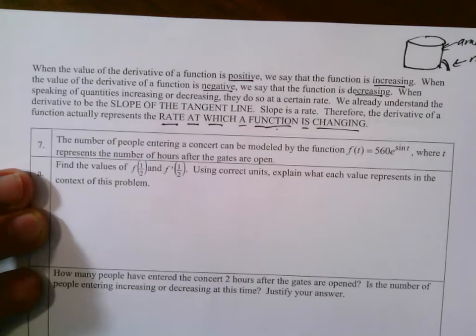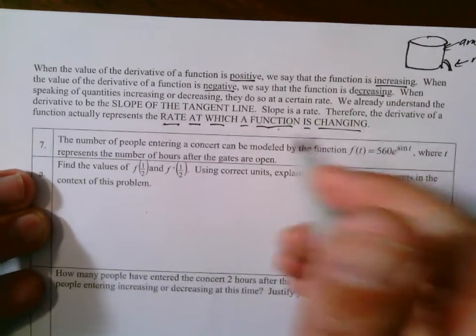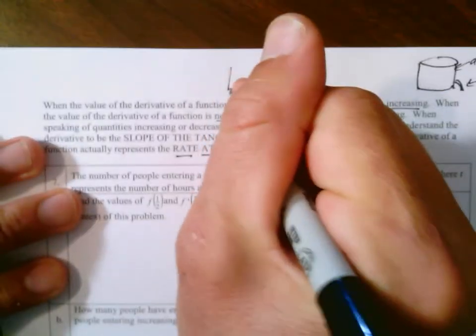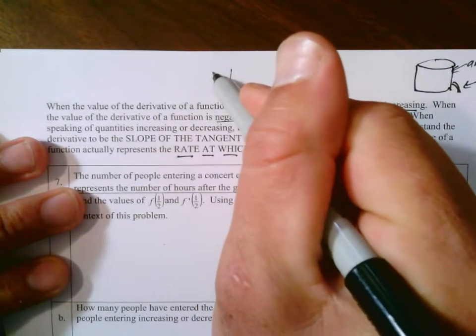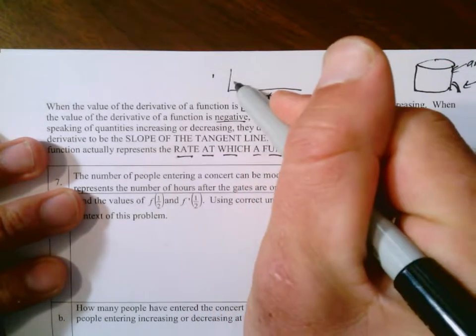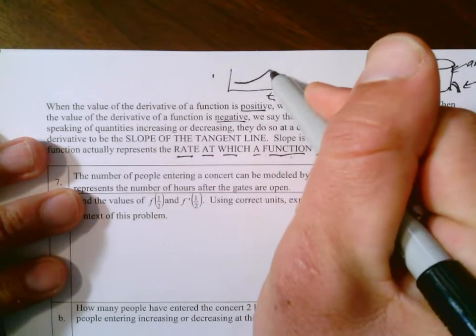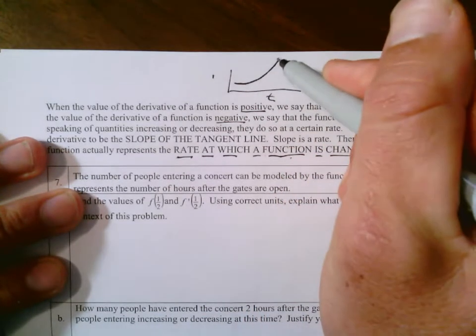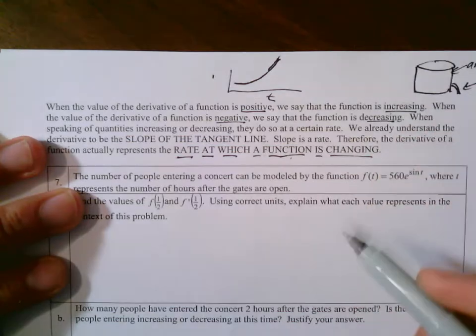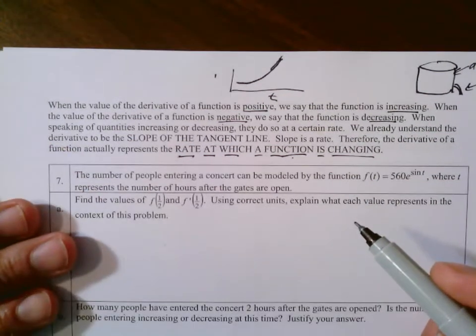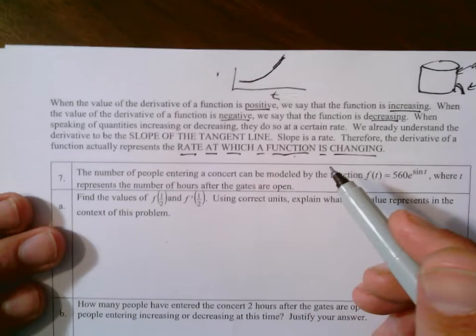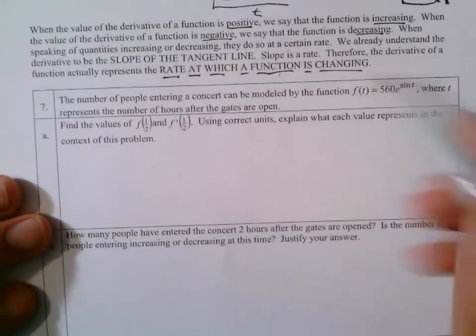Because if I'm driving down the road, here's time, here's rate. If I floor it, see how this horizontal tangent has gone up? My rate is increasing. So the rate at which something is changing is the derivative.